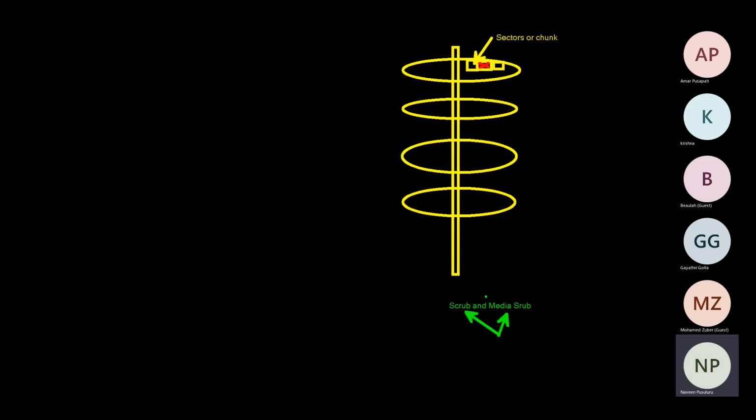So the scrub or media scrub will keep on running on all the disks under the aggregate all the time. I mean, according to the schedule or whenever we run that command, it will scan all these sectors and it will find the bad sectors or bad chunks.